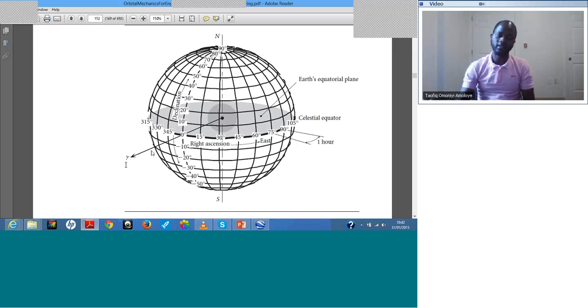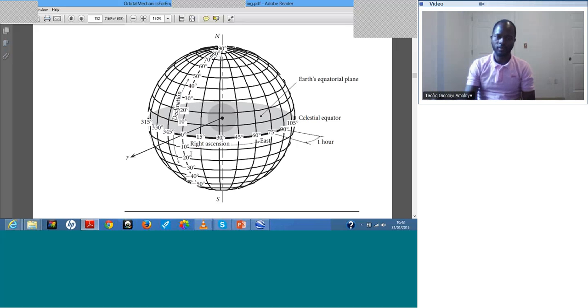That is the same thing we are going to be doing for locations of celestial objects relative to the vernal equinox line. So lines of, if you like, longitudinal lines on the celestial sphere are now used to determine the right ascension.